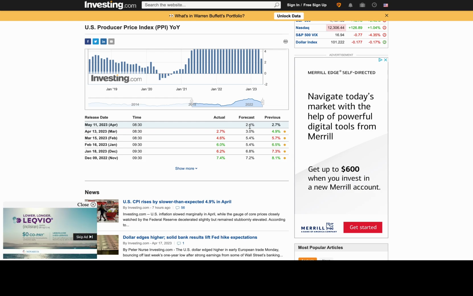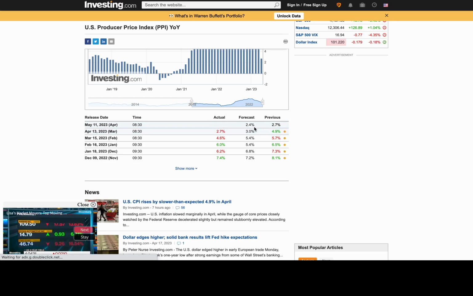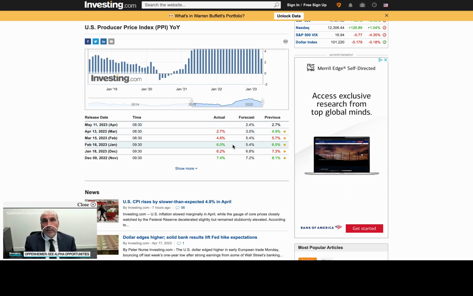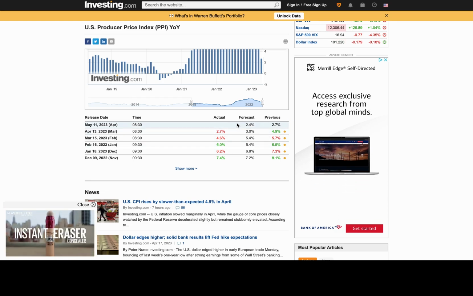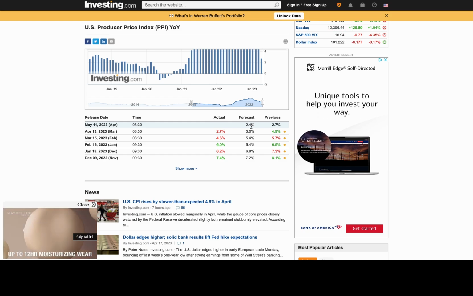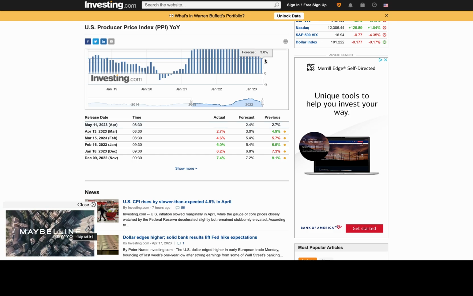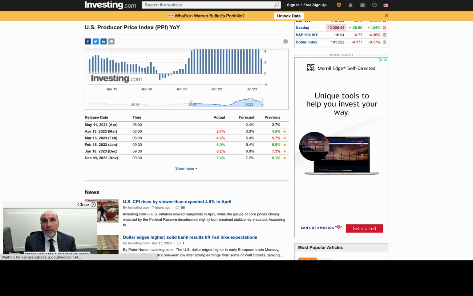Price action is the shepherd, but in theory, with the PPI, if you're a bull, you want to see PPI coming in at 2.4% or lower. If inflation comes in high for the producers, there could be some problems. It could be a little bearish with the chart, well, fundamentally at least it would be bearish. But the price action has the final say.